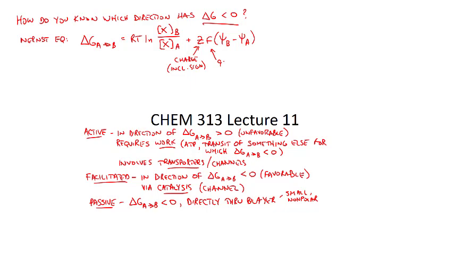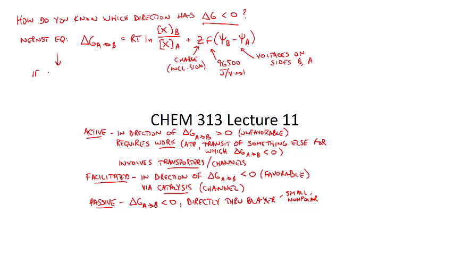F is a constant, 96,500 joules per volt per mole. And these are the voltages on sides B and A, which are typically going to be provided to you in a problem like this. So the Nernst equation looks intimidating, but it's actually quite simple.